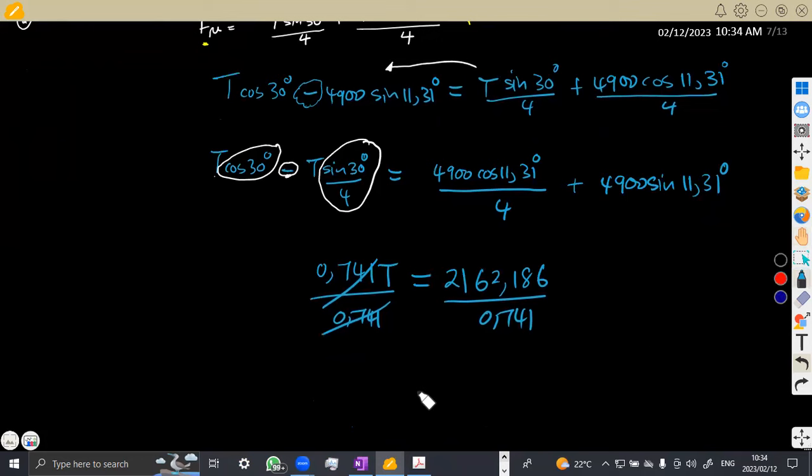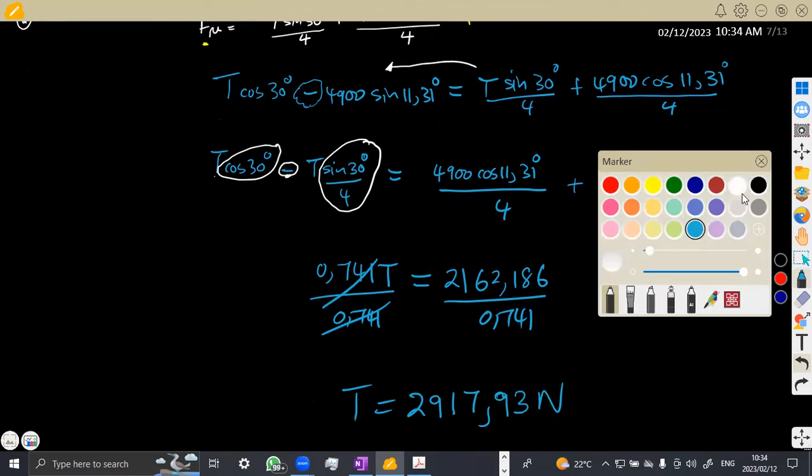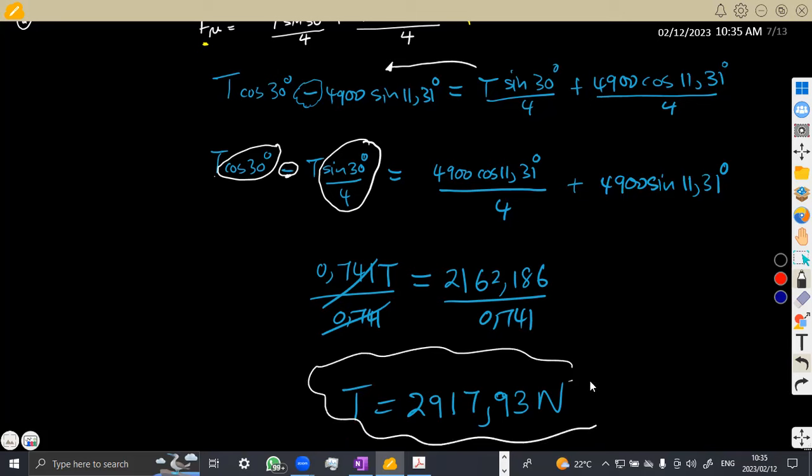All right, so that was it, guys. So t is equivalent to, if you divide properly, something like 2,917.93 Newton. Take note, guys, what was the purpose of calculating this value of t? So that we can have our x.